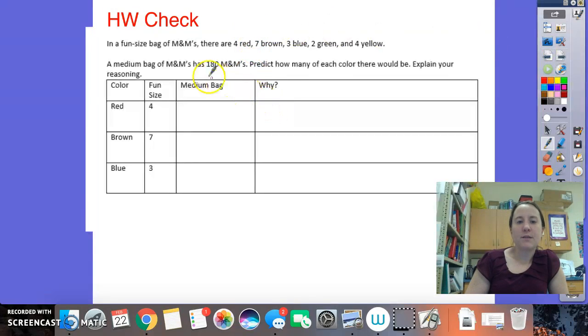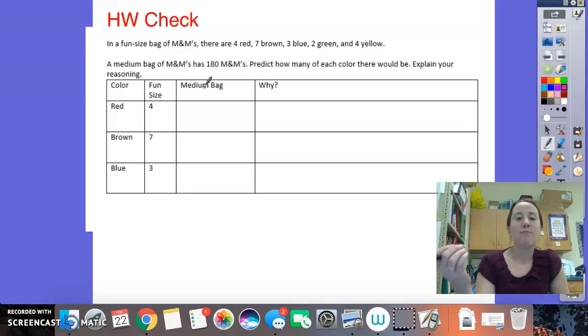The other thing that we did with probability was we made predictions. And these predictions may or may not be true, but the point is you have to be able to look at these as equivalent ratios, proportions, equivalent fractions, whatever word you use for fractions that are equal to each other. In this particular situation, you're looking at a fun-sized bag of M&Ms versus a medium-sized bag of M&Ms.